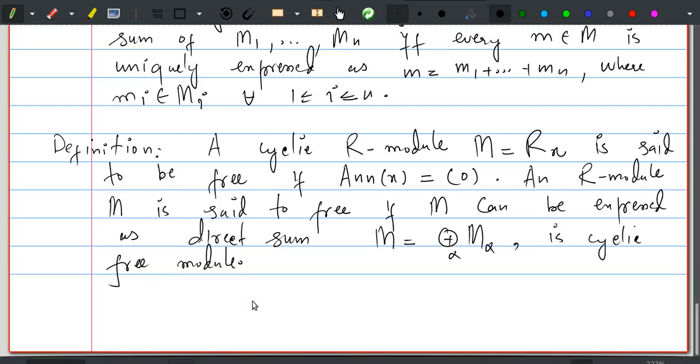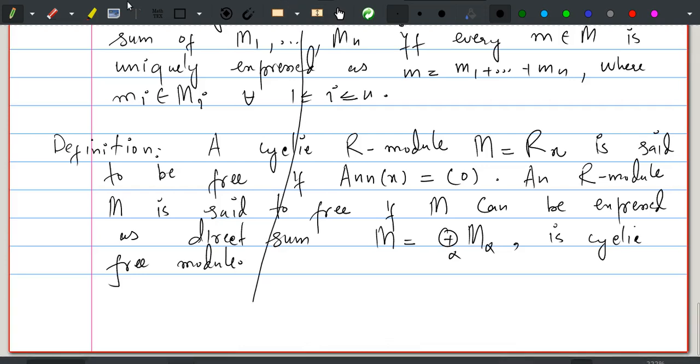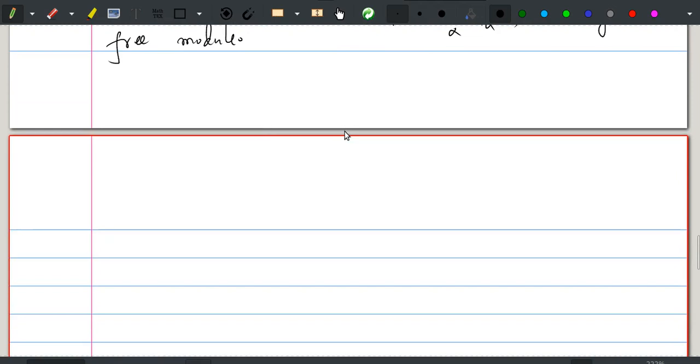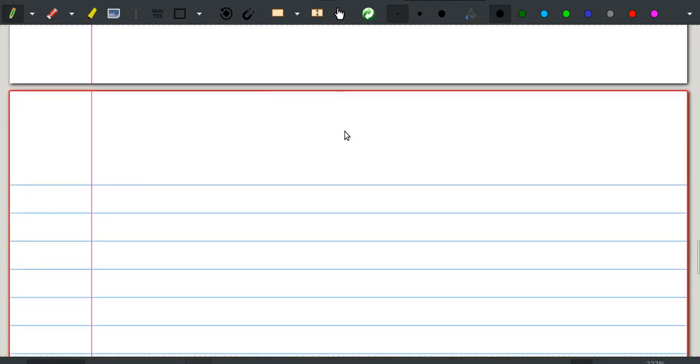So in that case we say this R module is free. So let us do some homework here and let us understand these free modules.